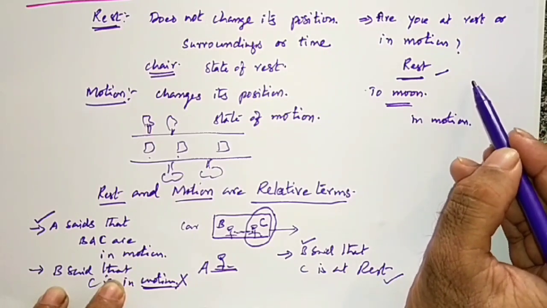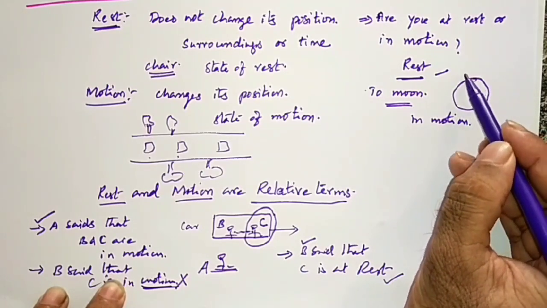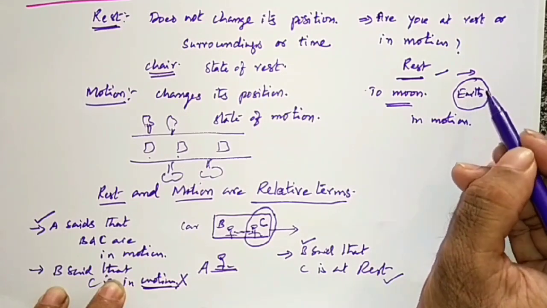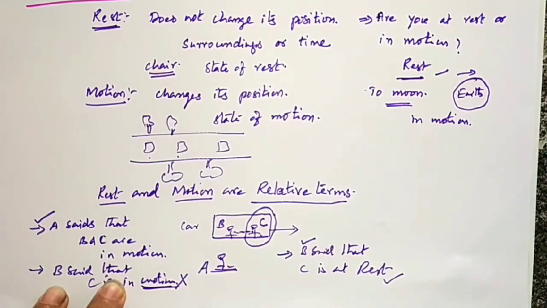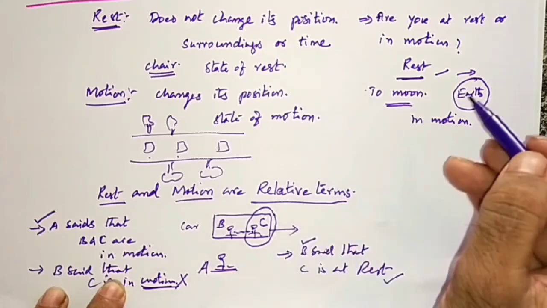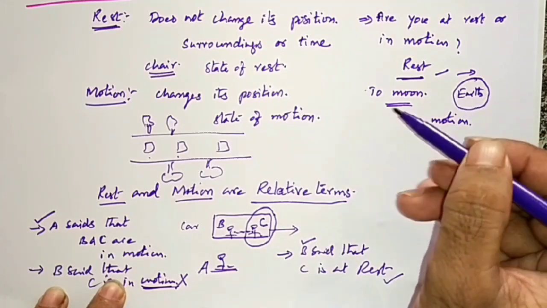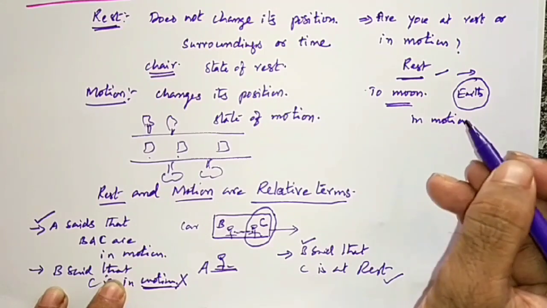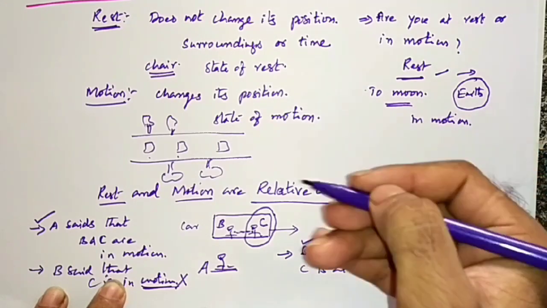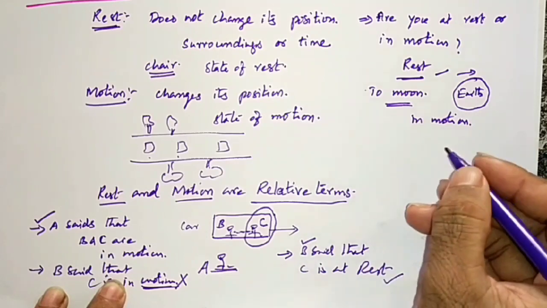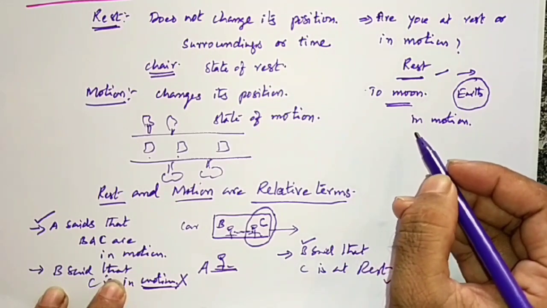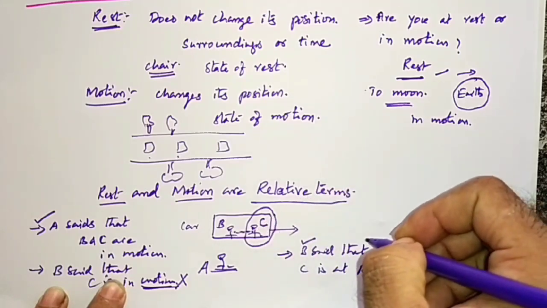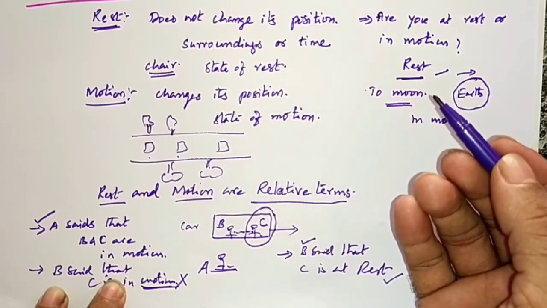We know that the whole earth is moving. Yes or no? The planet earth is moving. The objects which are on the earth all are in motion. Your house, my house, your building, trees, everything are in motion because earth is in motion. Like in a bus, when the bus is moving, you are also moving.